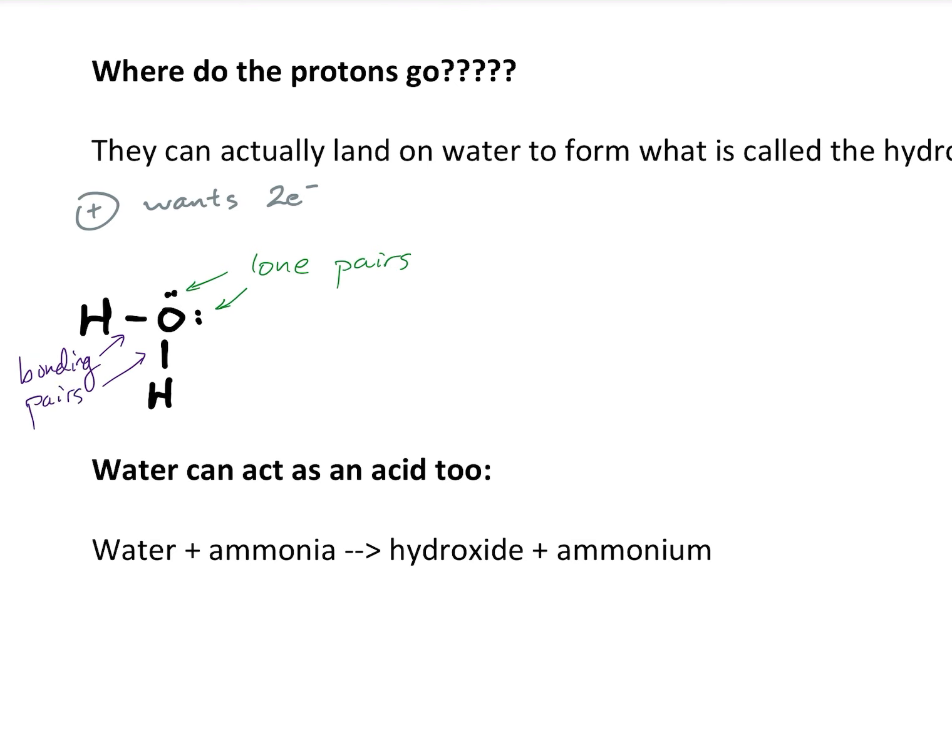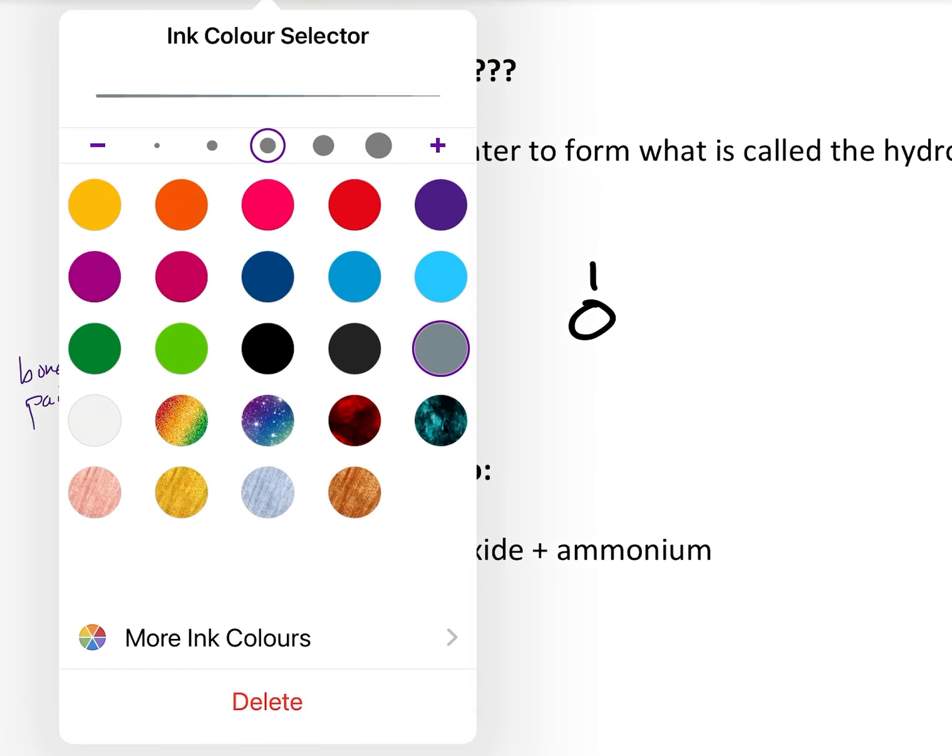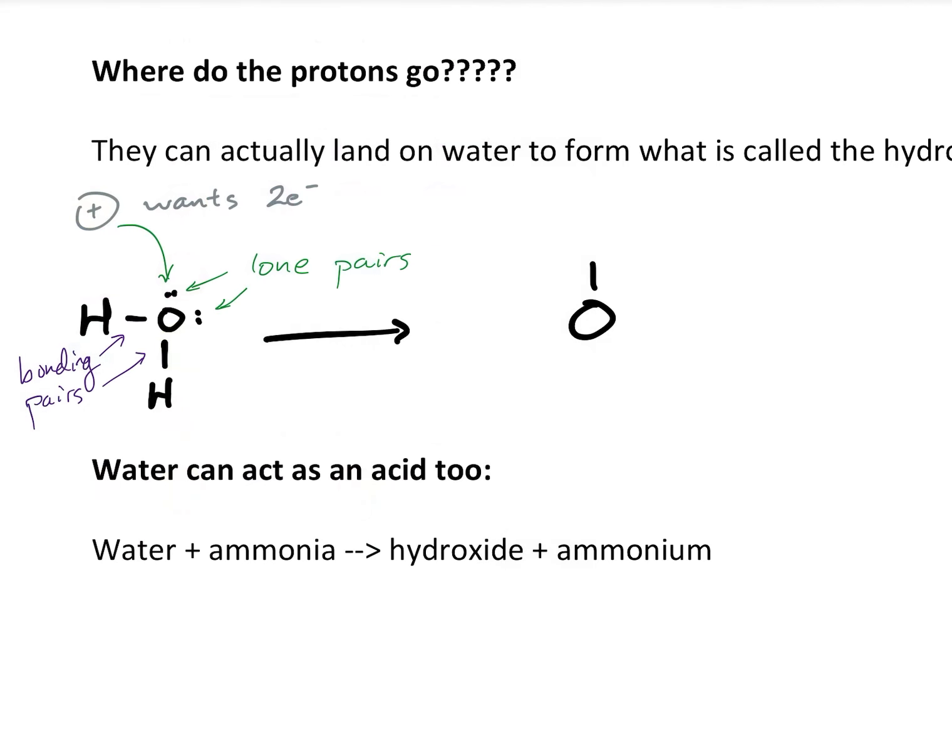So a hydrogen proton, or hydrogen nucleus, wants 2 electrons. Well, this little proton sees that, and it can actually land on one of those water molecules, which indeed it does for a time, until it can find a better chemical to land on. So now you're going to get that proton, and maybe I'll draw that one in gray, like that. So you see that that's the proton.